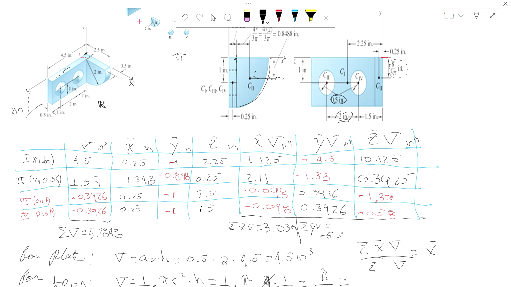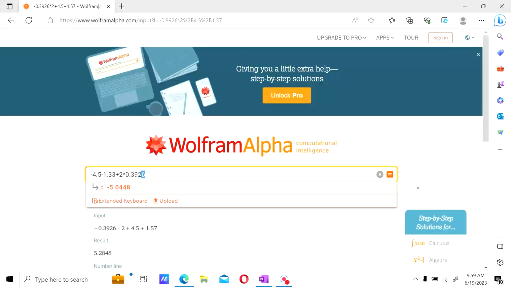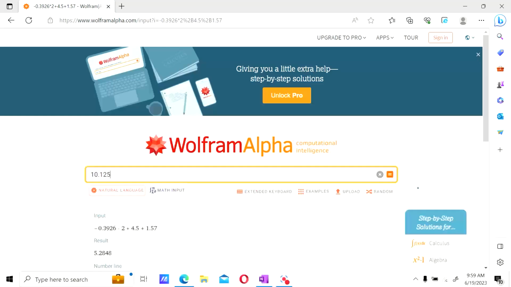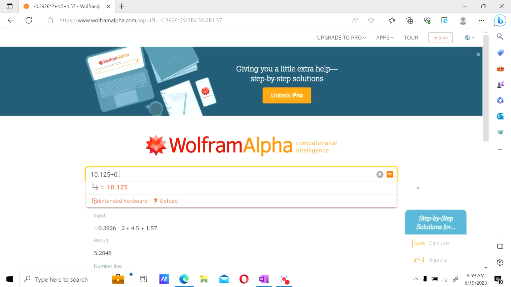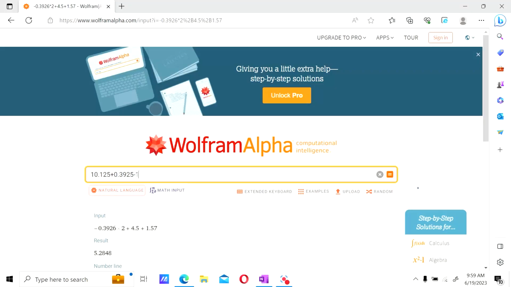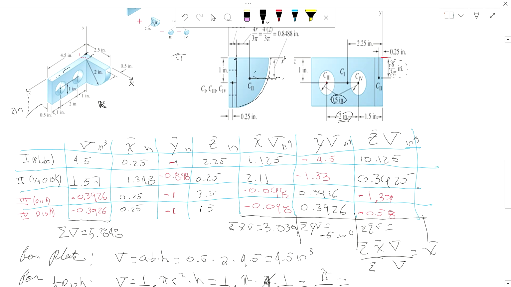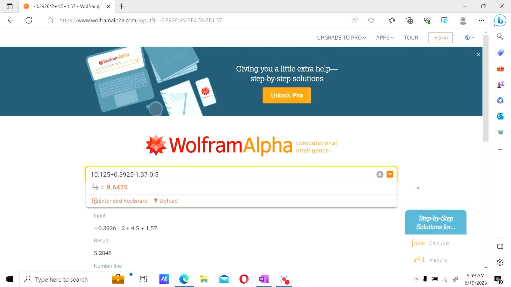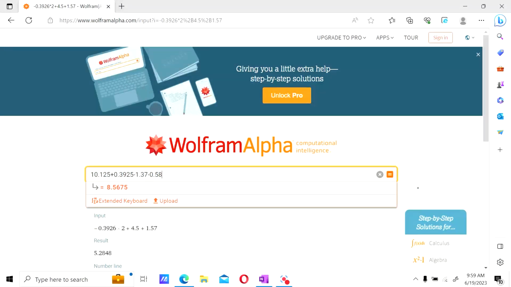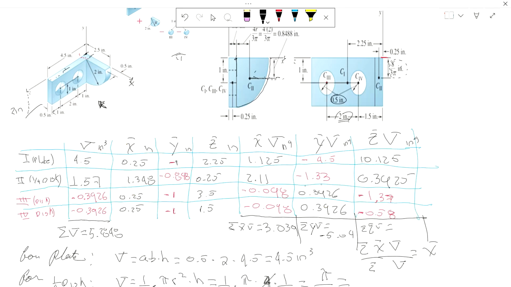Negative 5.04, and then summation of z volume is 10.125, was it? Yes, plus 0.3925 minus 1.37 minus 0.58. This is equal to 8.56.